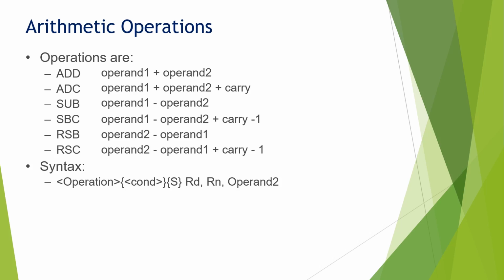And RSB is reverse subtraction, used where the operand 2 value is greater than operand 1. To avoid a signed value, this RSB operation is very helpful. And next one is reverse subtraction with carry. So this is the computation formula to do these arithmetic operations.